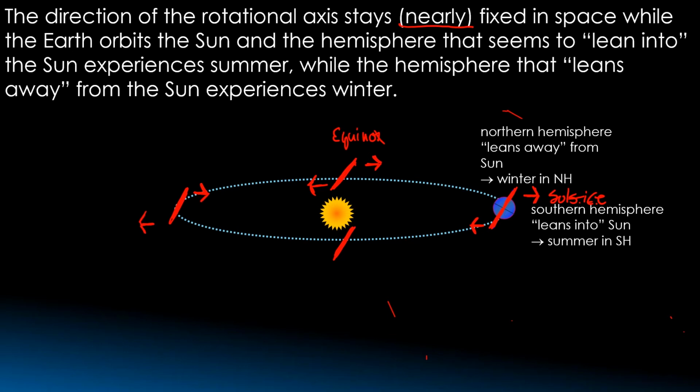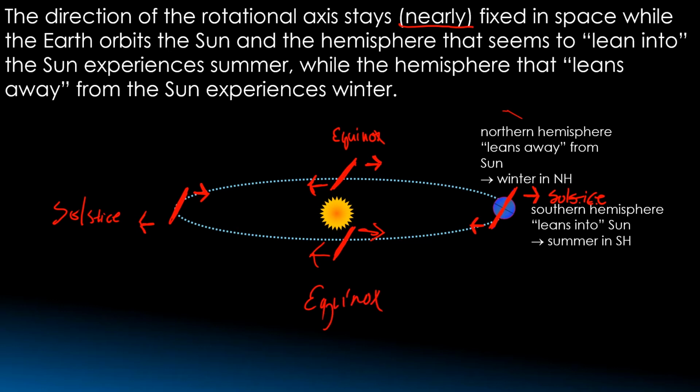We can definitely see one's going towards it. And so this is a solstice. Sorry about those stray marks. Right here, we have one pointing away and one towards. Or sorry, neither one are pointing away. And so this is an equinox.